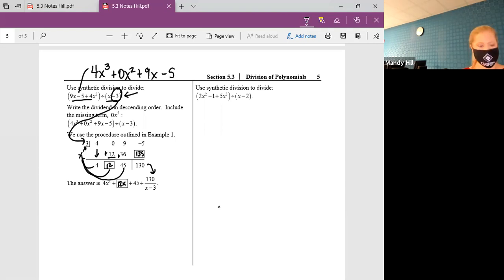Last problem. So what would be 4x to the third? Like, where did it get? Okay, so this is kind of like a trick or a shortcut.